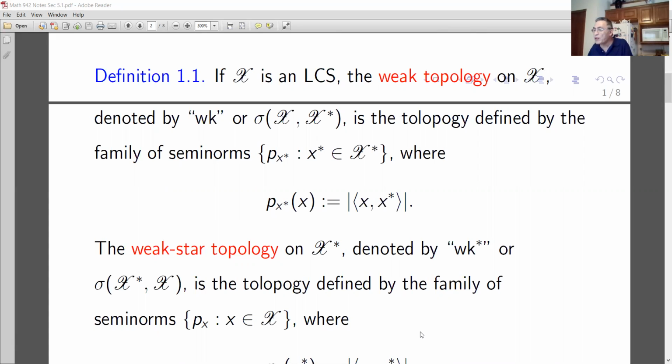For this topology, we need to clarify several points. The first is that with this weak topology, the space X is again a locally convex space.